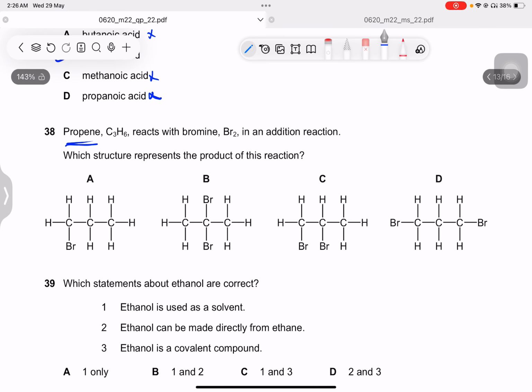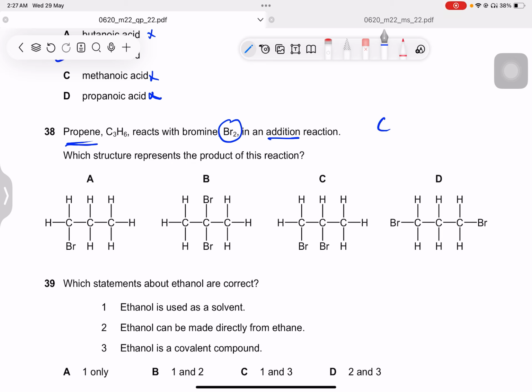Next, propene reacts with bromine in an addition reaction. Which structure represents the product of this reaction? So we have Br2, two Br will come and each will attach to one carbon containing a hydrogen atom. The Br should attach at the double bond.